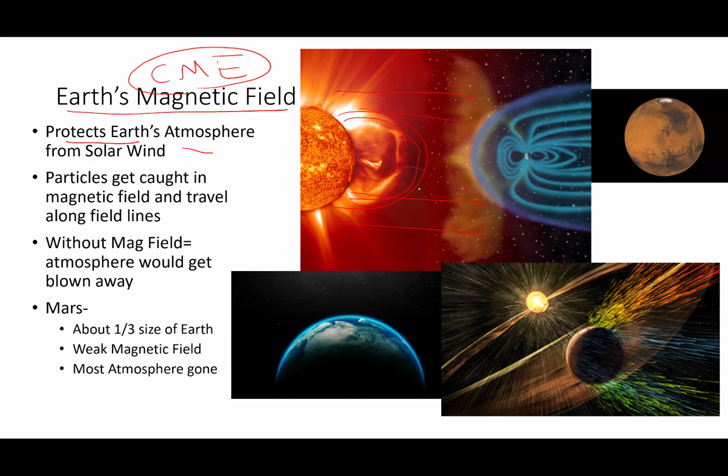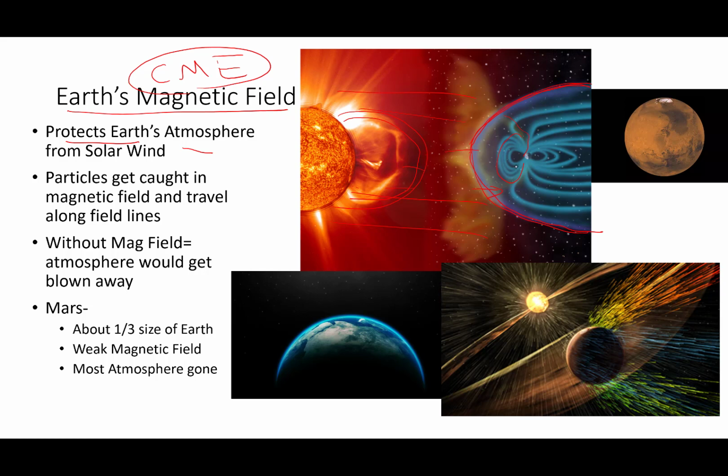And if one of these happens to be aimed directly at the Earth, it could strip or scour our atmosphere away. Well, these particles get into our magnetic field. Most of the particles are going to be deviated around the Earth by our magnetic field. A few will penetrate and will create some spectacular auroras, but most of them are going to go around and it will protect our atmosphere.